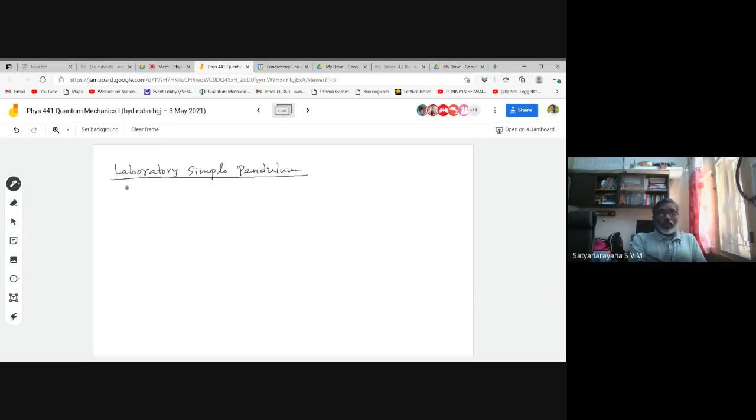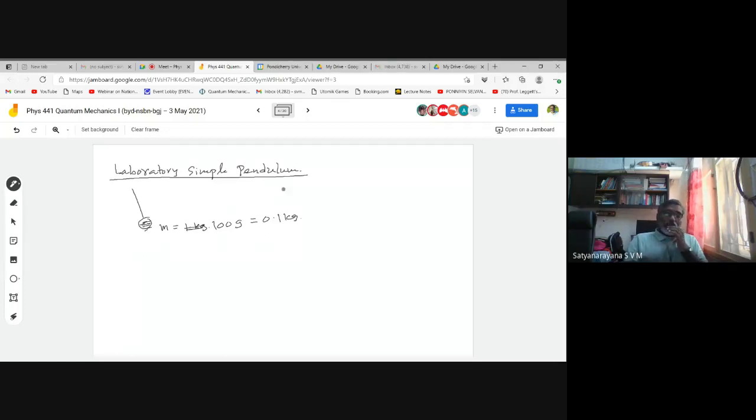In a laboratory pendulum, let's take the mass of the pendulum to be 1 kg. 1 kg is too big, I think. So let's say 100 grams, or 0.1 kg. This is the mass of the pendulum.